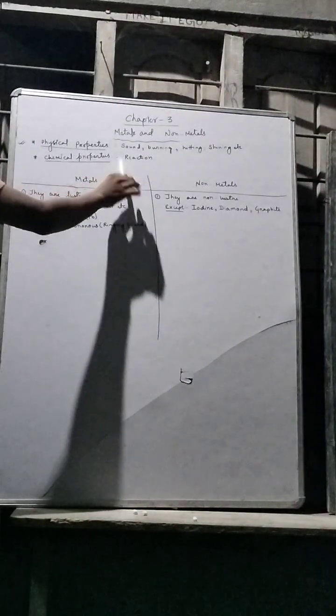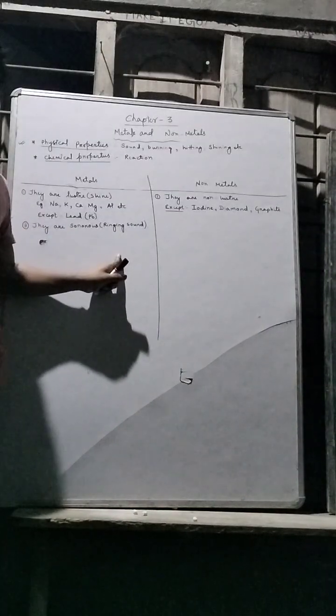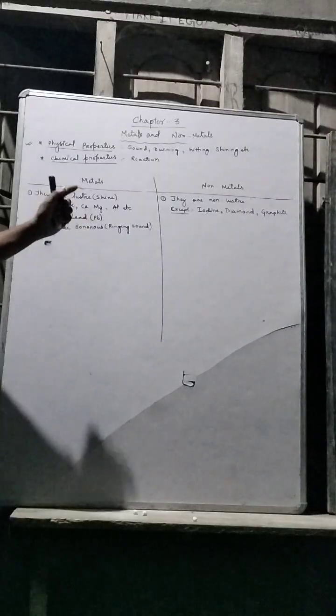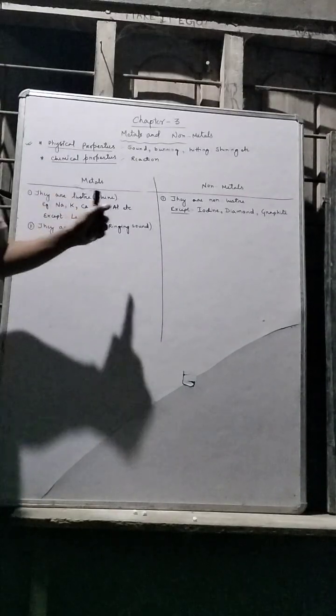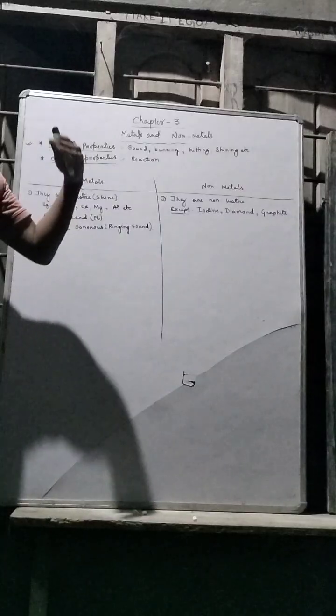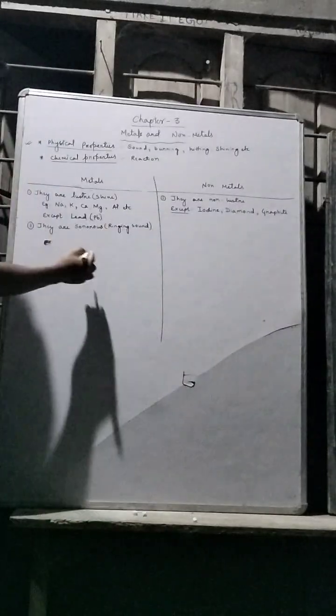So this board, when we hit the board, it is also producing sound. But the board is made up of non-metal, but still it is producing sound. But the sound is not a ringing sound. Yes or no? But when we hit the school bell, then the school bell continuously rings. Yes or no? Or a cycle bell. So we call the ringing sound sonorous.